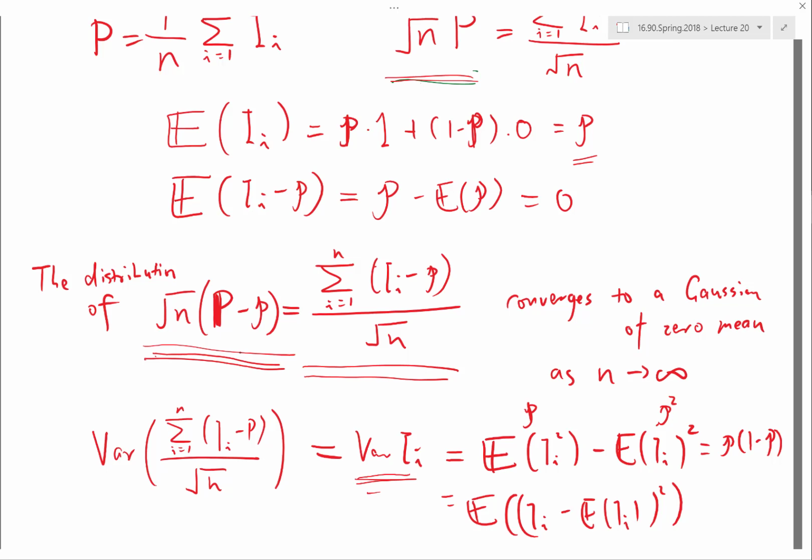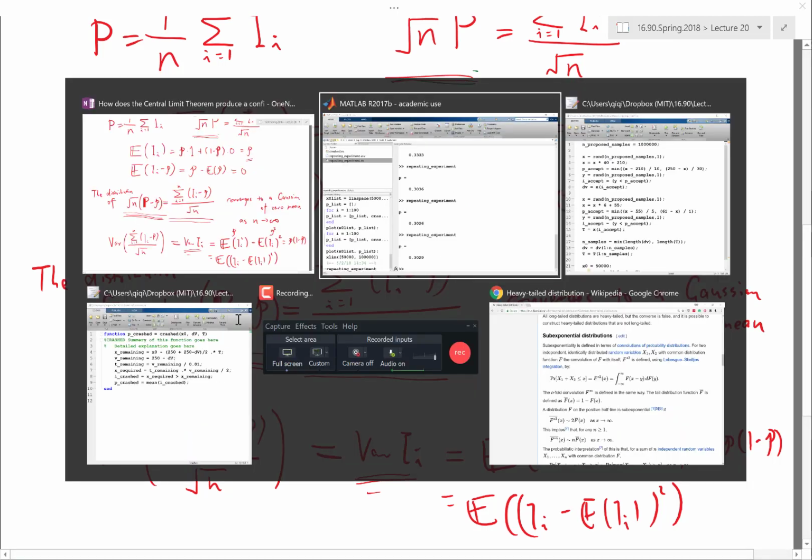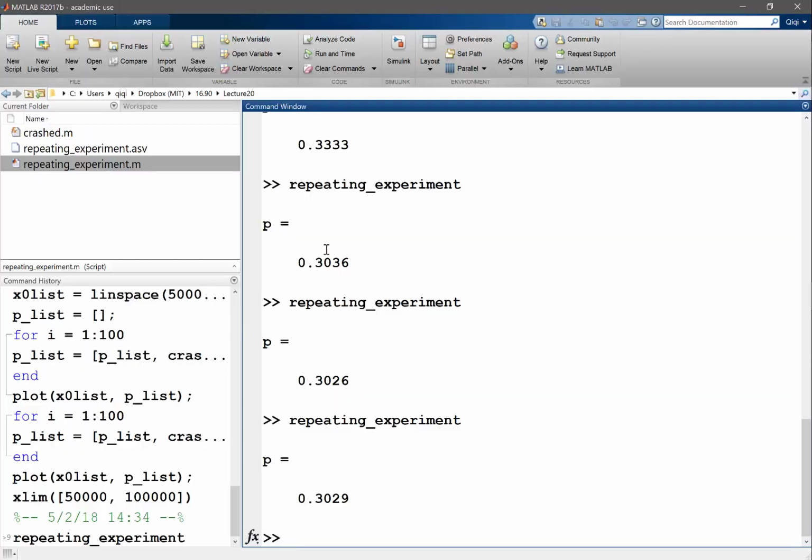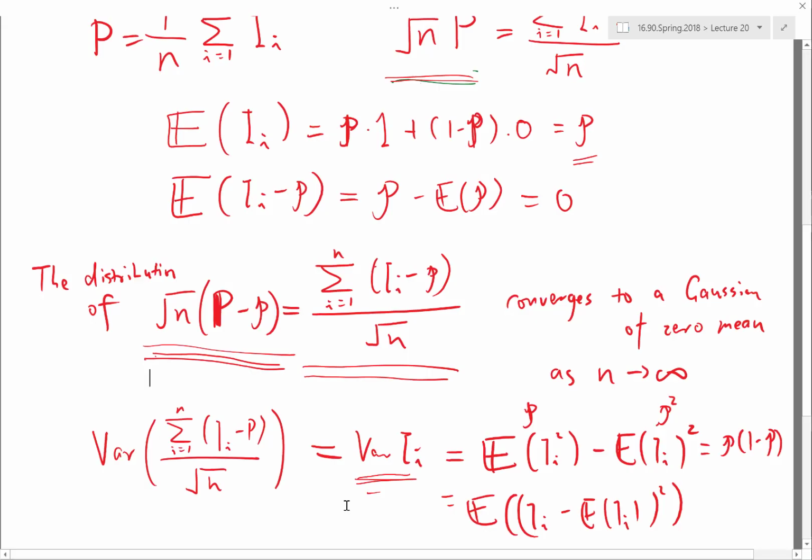So, for example, let's try to figure out, for the case we just computed, we repeated the experiment 3 times and we get a variation pretty much in the 4th digit after the decimal point. We get 3, 6, 2, 6, and 2, 9. So let's try to use the central limit theorem to see what we get.